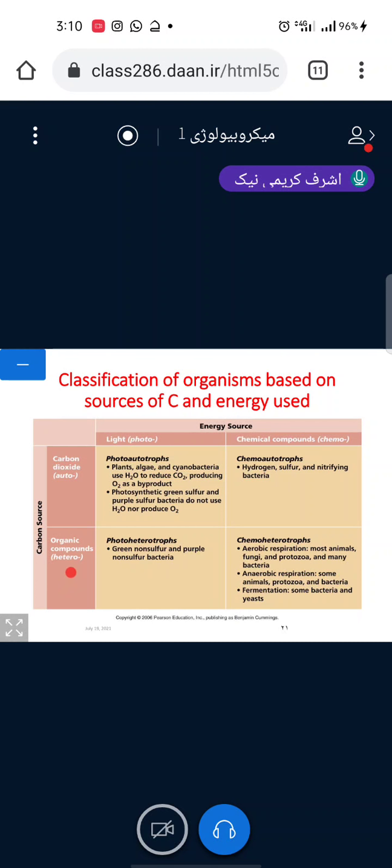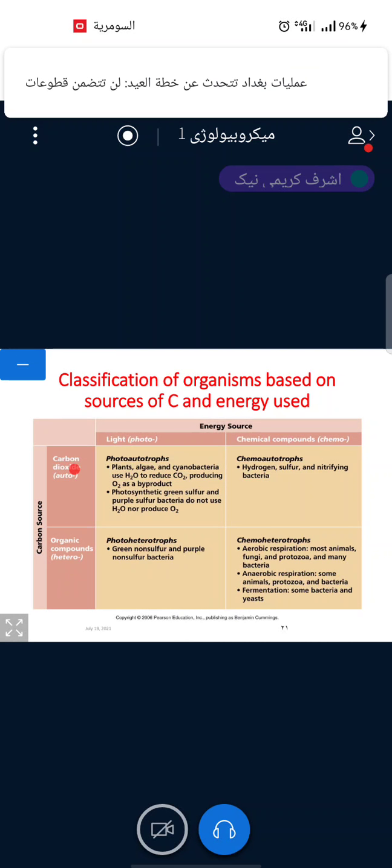This is heterotroph. And about energy source.